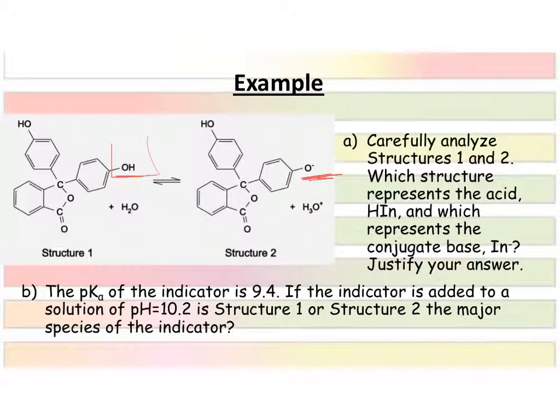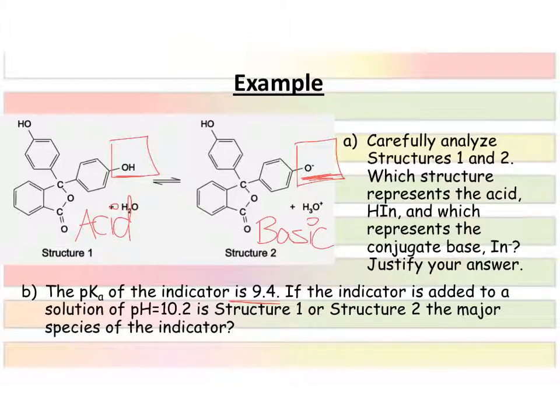So this one has the H on it, and this one does not, okay? So this one has the H. So this is the one that can donate the H. So this is definitely the acidic form, which means that this one, because it has an available spot to accept an H, is the basic form.